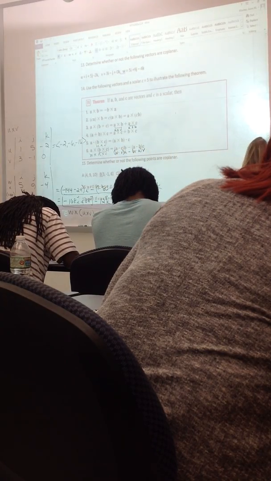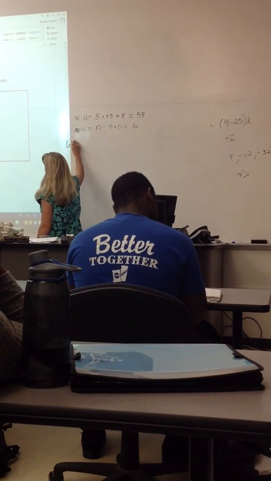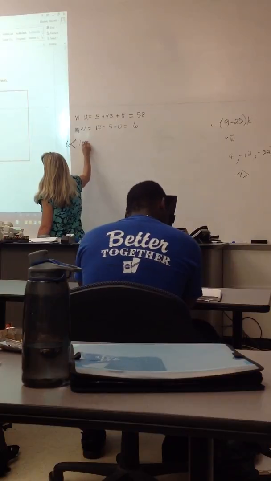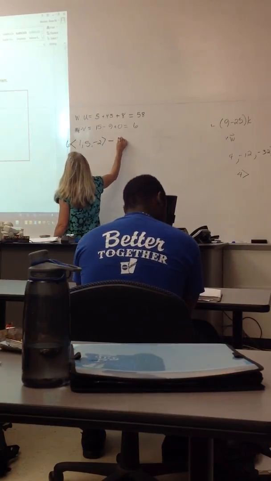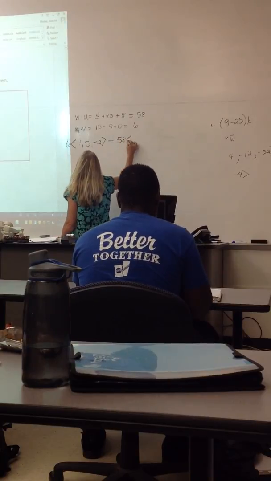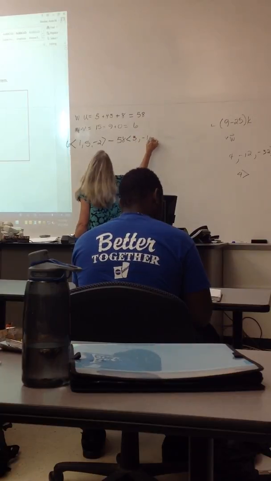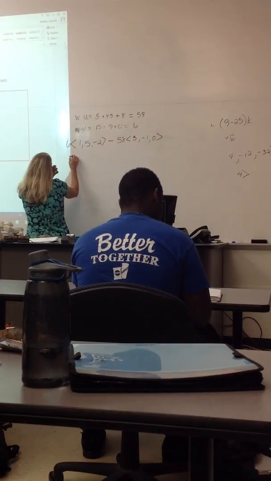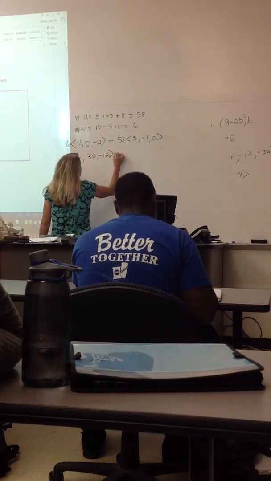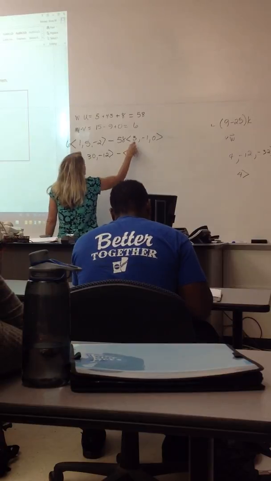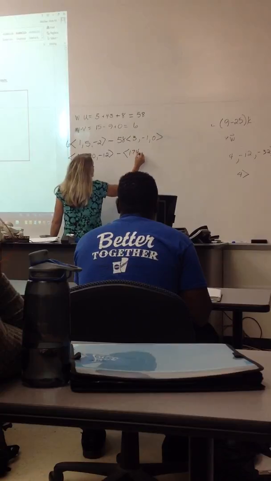So w dot b is this, so 6 should multiply u, so 1, 5, -2. And then minus w dot u, which was 58, times 3, -1, 0. So 6, 30, -12, and 150 plus 24 is 174.